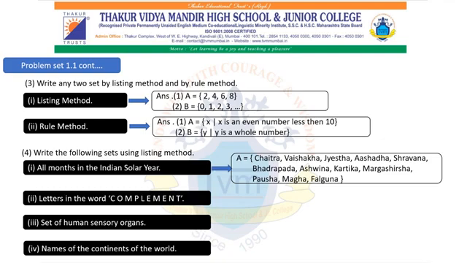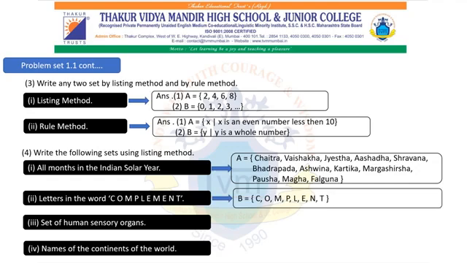So while listing these elements, we will see to it that those two letters E and M are written only once. So it can be written as B is a set of C, O, M, P, L, E, N, T. The repeated alphabets are written only once.